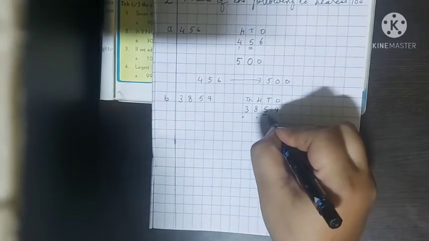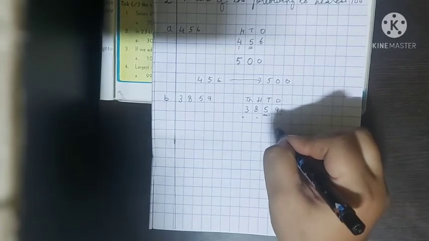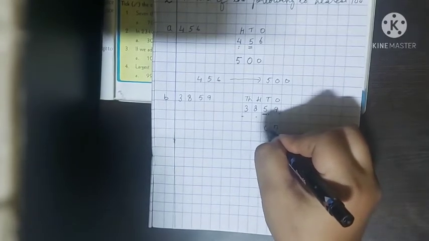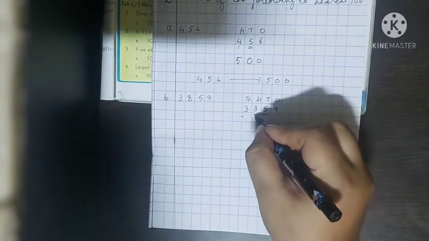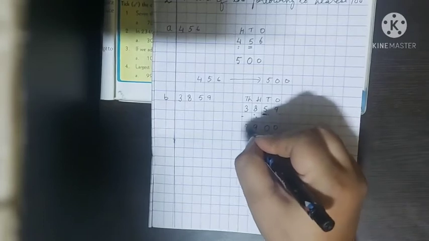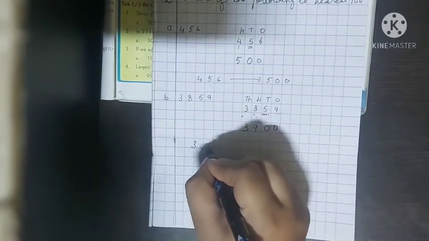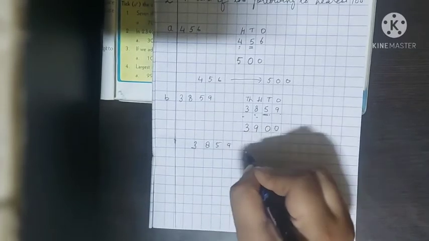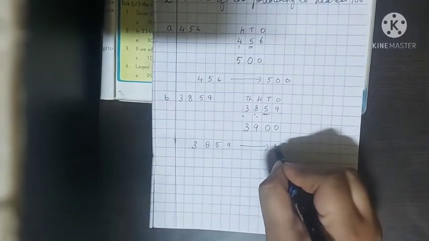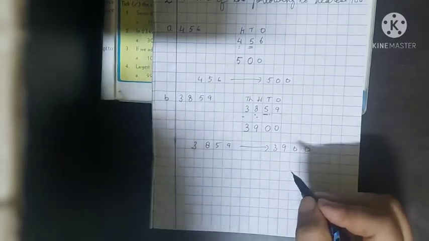That is 5. So when the number at the tens place is 5 or more than 5, you write 0 at both the ones and the tens place and you add 1 to the 100 place. So 8 plus 1 will become 9 and this 3 will be copied as such. So 3859 when rounded off to nearest 100 will become 3900.